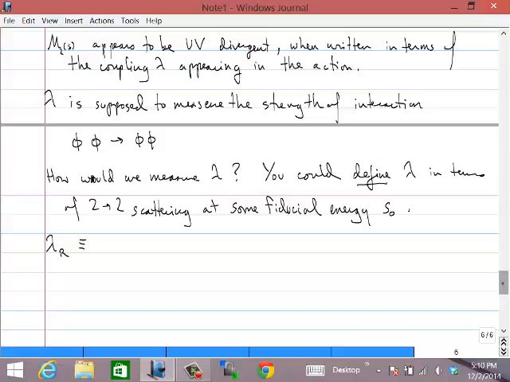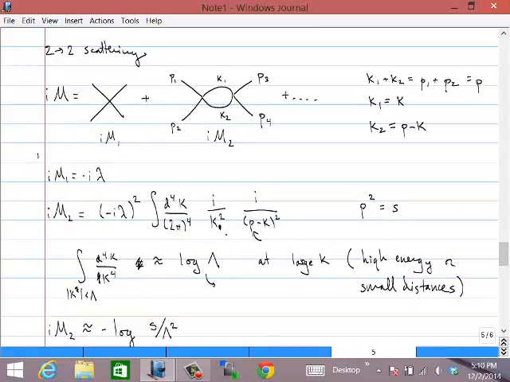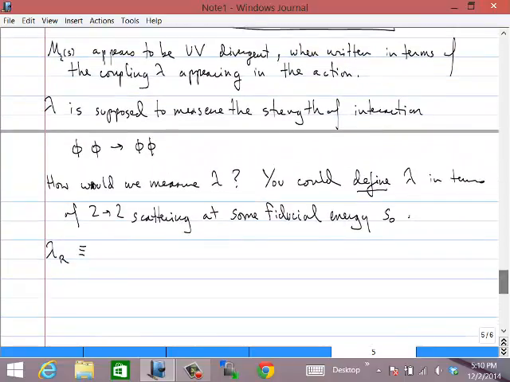Well, we saw that at leading order, lambda is just proportional to M1. So let me just define the renormalized coupling to be the scattering amplitude at your favorite value of the energy. Let's call it S0.